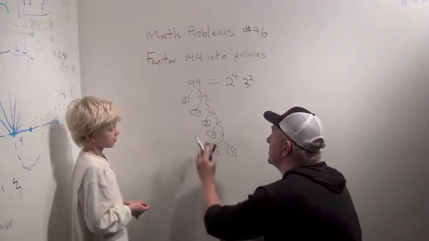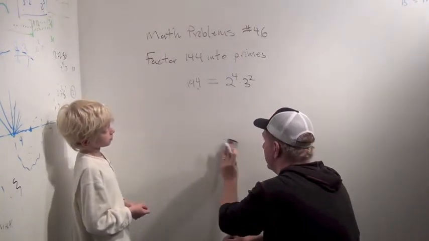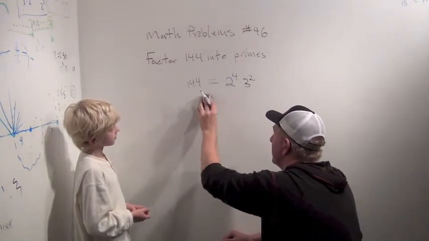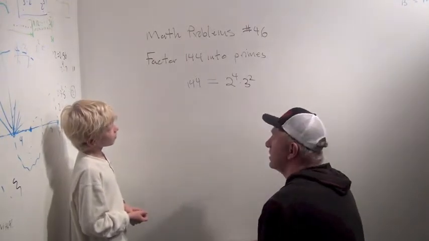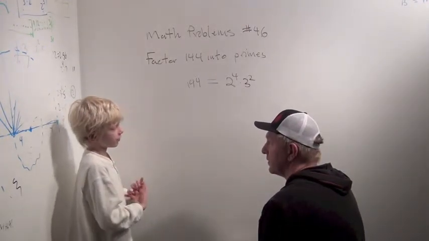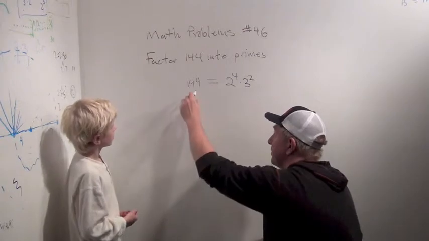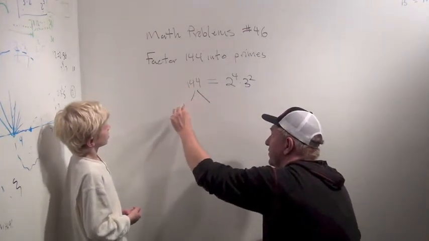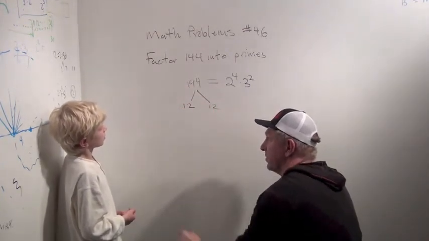Okay, now I'm going to show you a way to do this a little faster. What does 144 equal? Do you know? Well, it's 12 squared, 12 times 12. So maybe right away, let's just factor it into 12 times 12. Now we just have to factor small numbers, right?